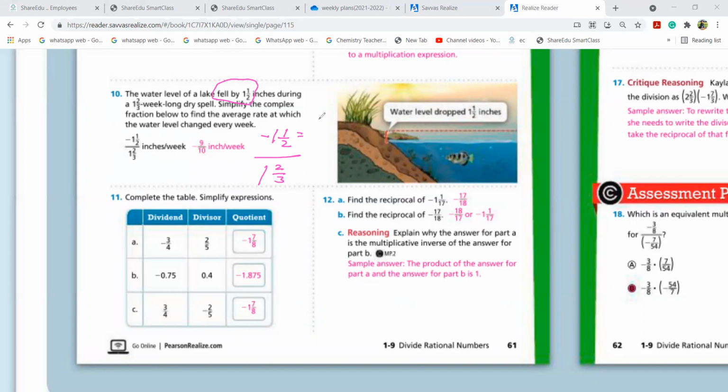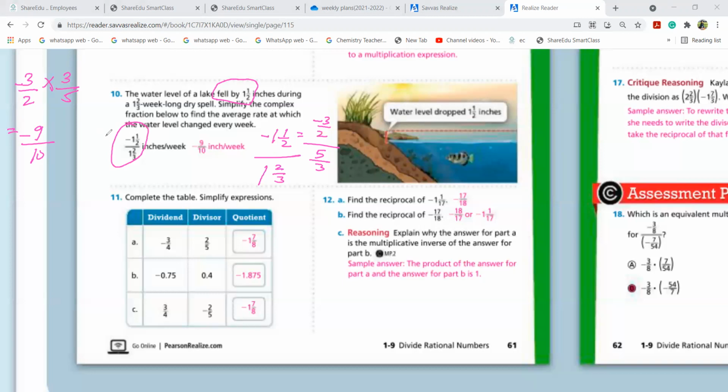This is nothing but minus 3 by 2. And this is nothing but 5 by 3. Now can you do it, girls? Minus 3 over 2 multiplied by 3 over 5. So we get minus 9 over 10. Any questions, girls?